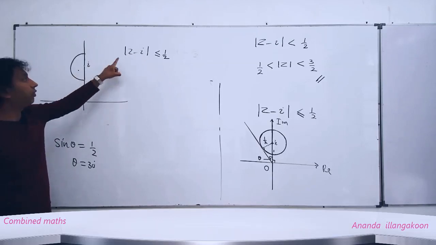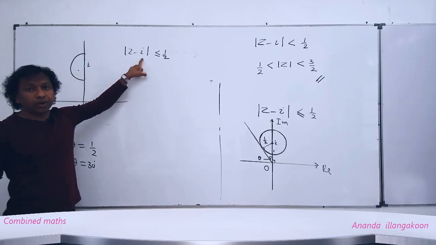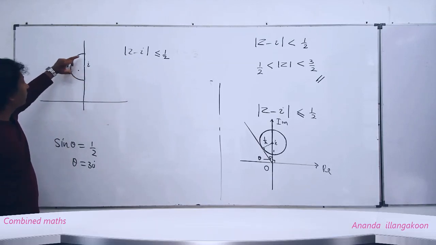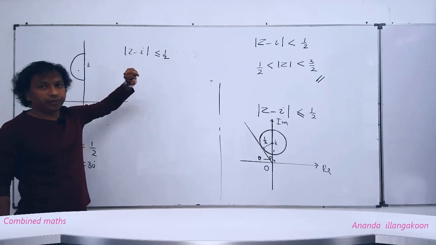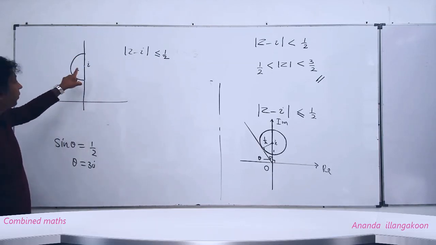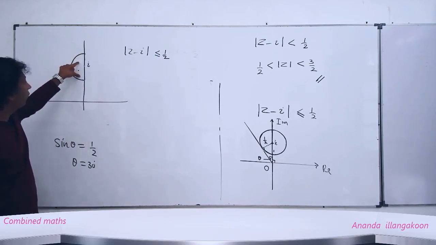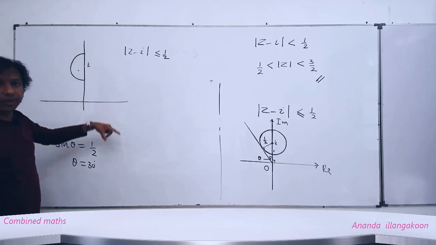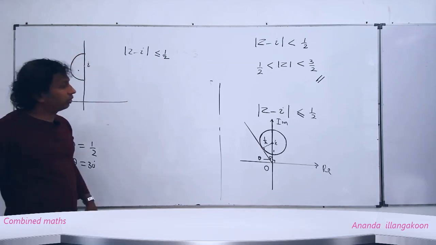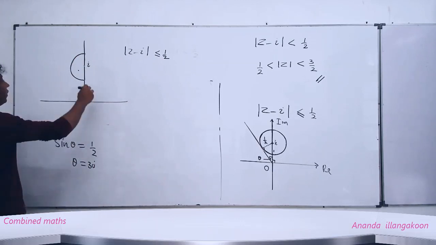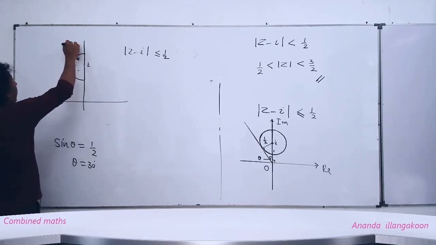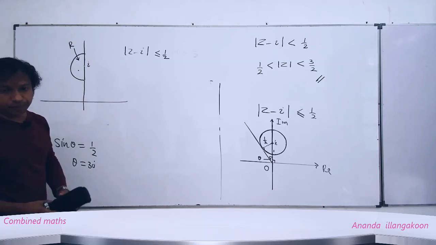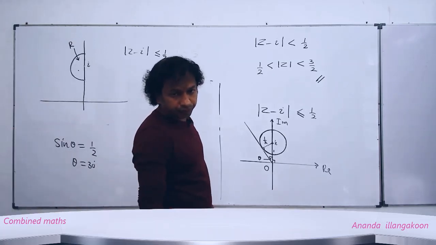That should be less than or equal to half. When the complex number is inside this circle or on the circle, this equal sign becomes valid. And for any complex number on the circle or inside the circle, when we consider its argument, it is greater than 90 and less than 120. Both conditions are satisfied. Therefore, this is the region R. Now, who got this?